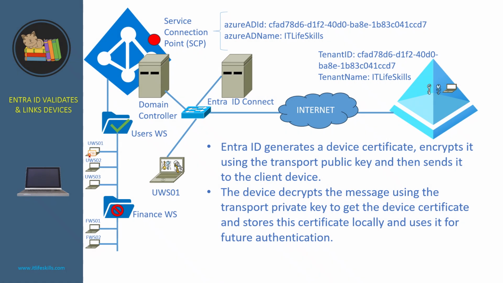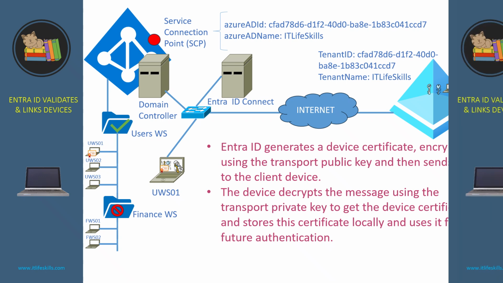After a successful validation, Entra ID generates a device certificate, encrypts it using the transport key, then sends it to the client device. The device decrypts the message using the transport private key to get the certificate and stores this certificate locally and uses it for future authentication.